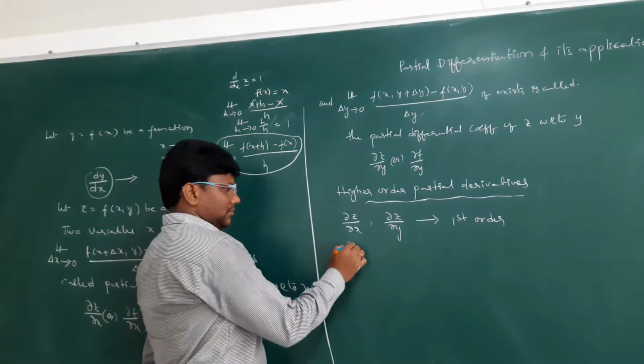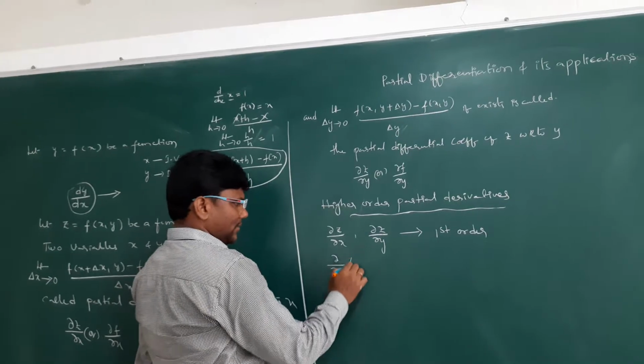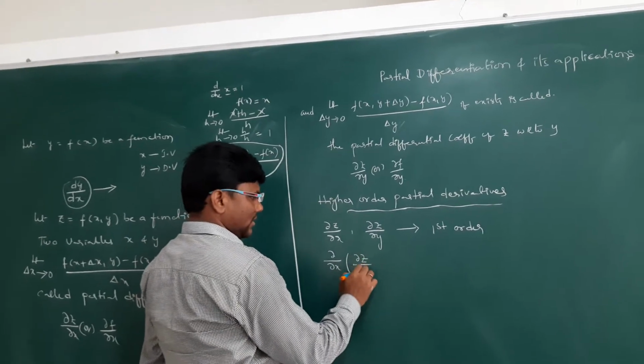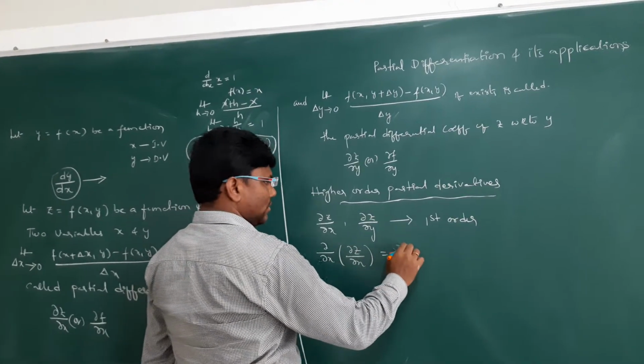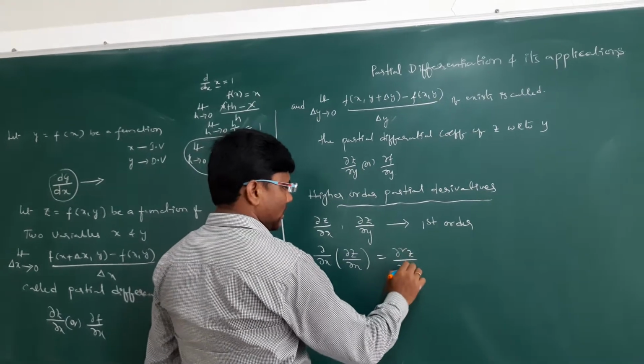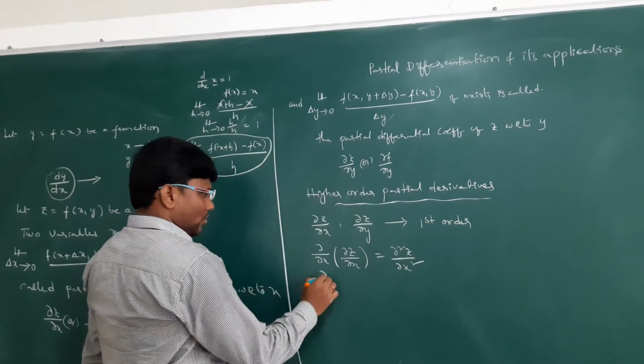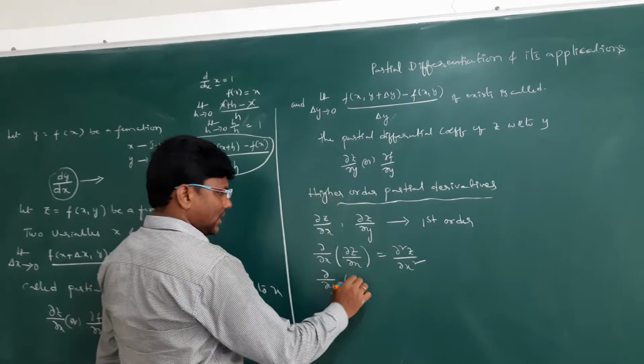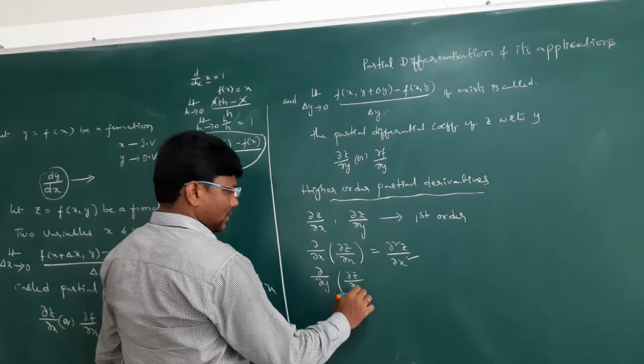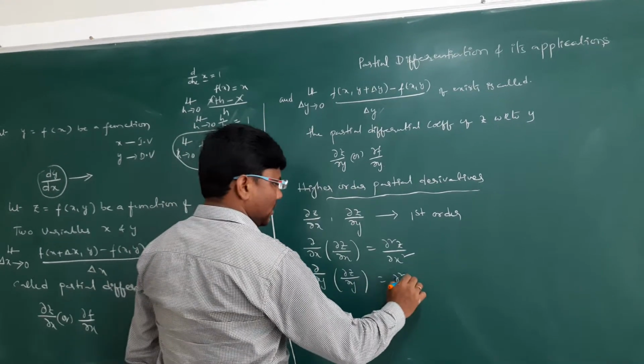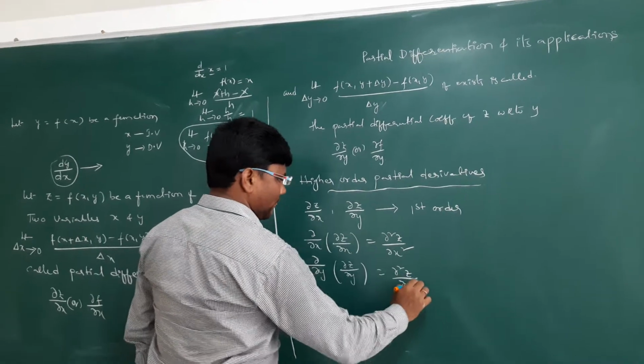Next, dou by dou x of dou z by dou x is equal to dou square z by dou x square. Dou by dou y of dou z by dou y is equal to dou square z by dou y square.